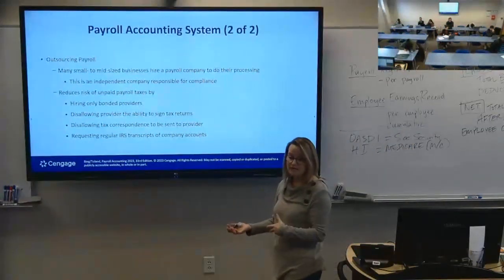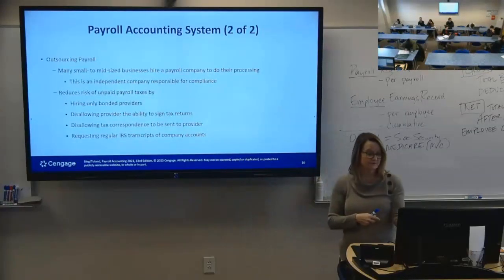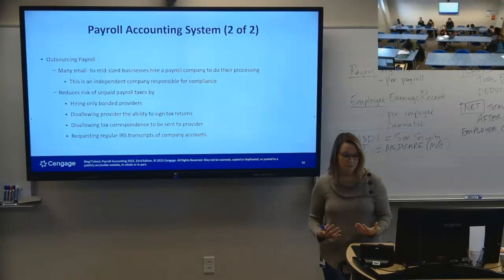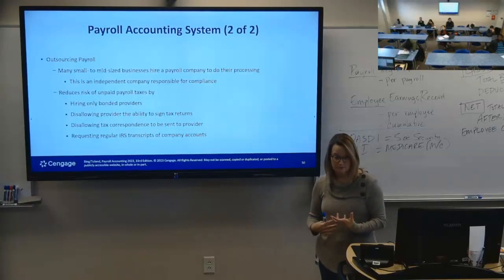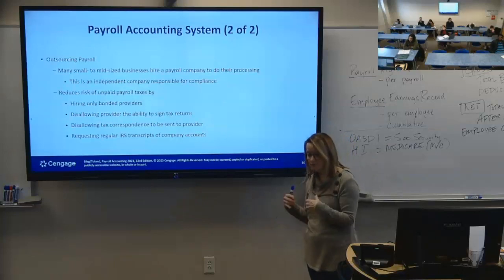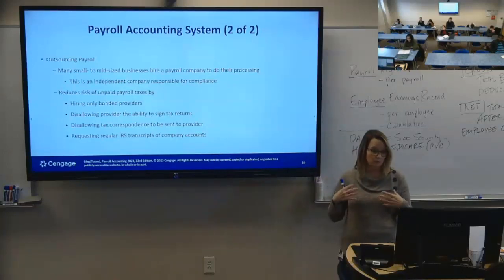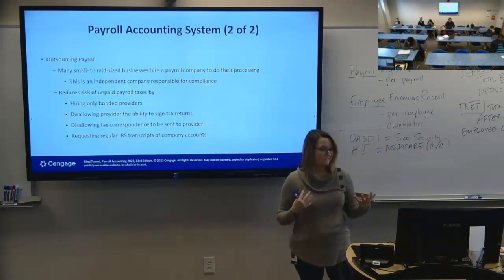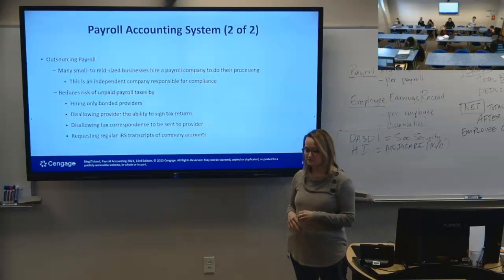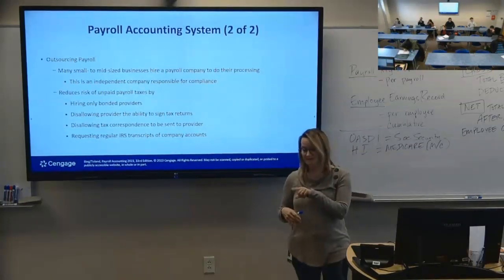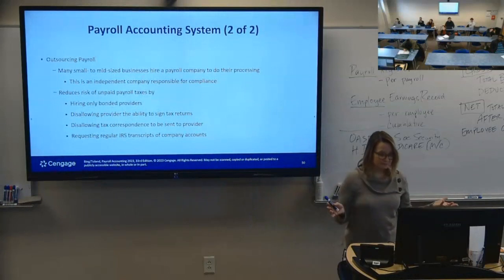So companies need to make sure, if they decide to outsource their payroll, that they outsource to a reputable company that is dependable in what they're doing. It has a history. It doesn't have to be a big company. The CPA firm that I worked for had a payroll department, and we processed payroll for about 70 different small businesses. Some of them were as small as one person, others 50 people.